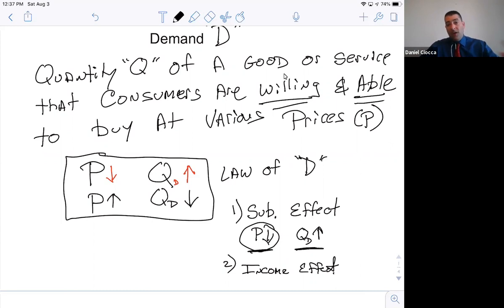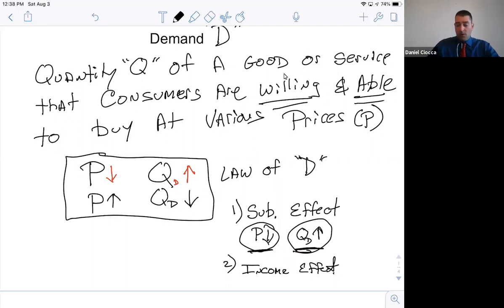So if the price of something goes down and you were making $1,000 a week, that $1,000 now has more real purchasing power for you. Thus, you're likely to buy more of those goods and services. And the opposite is true. When the price of a good or service goes up, you have less real purchasing power with your existing income. Thus, you become less willing and able to buy certain goods and services.